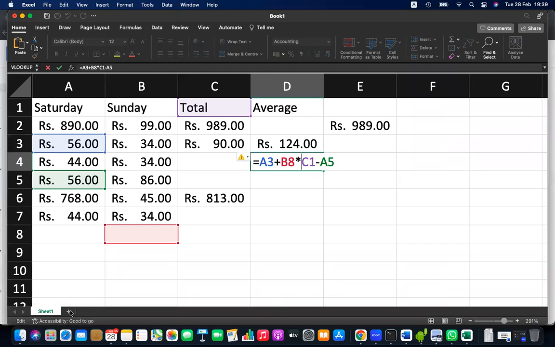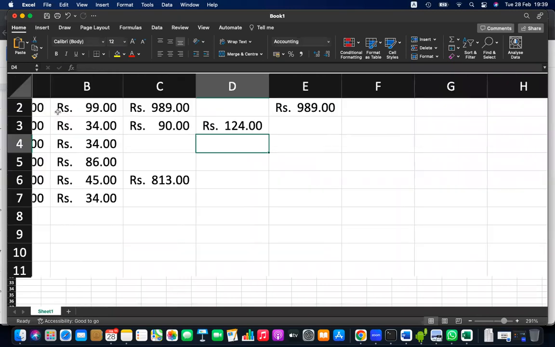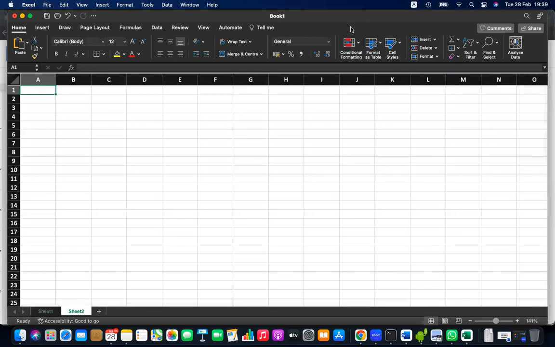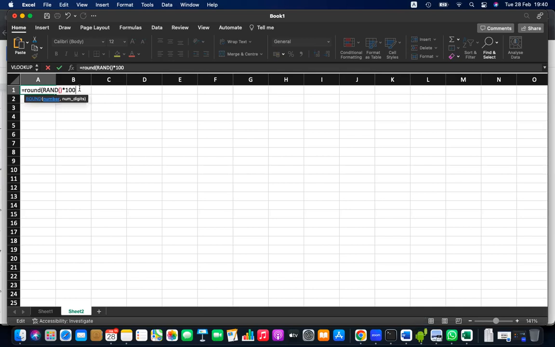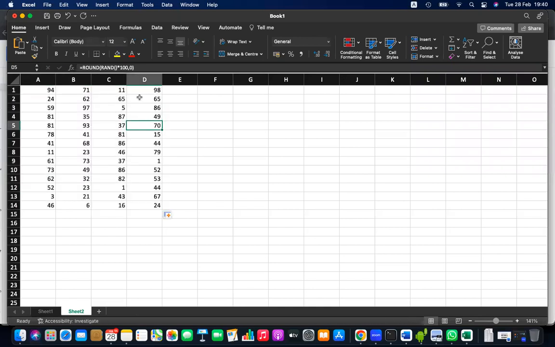Rather than just doing this, let me put some values in this sheet. Let me add a few values. Okay, there are some values now.